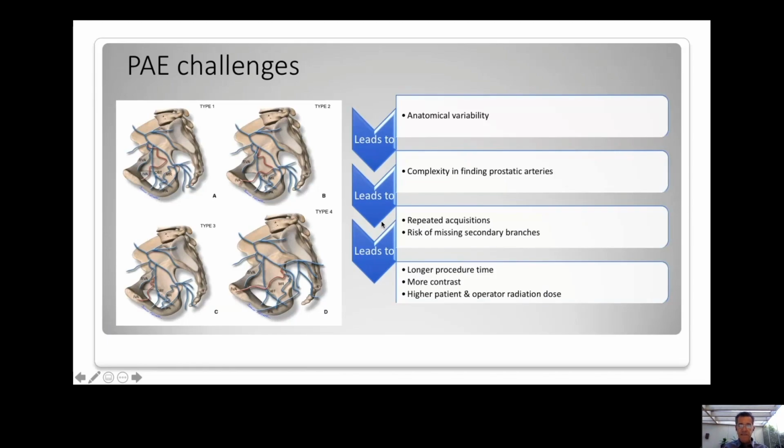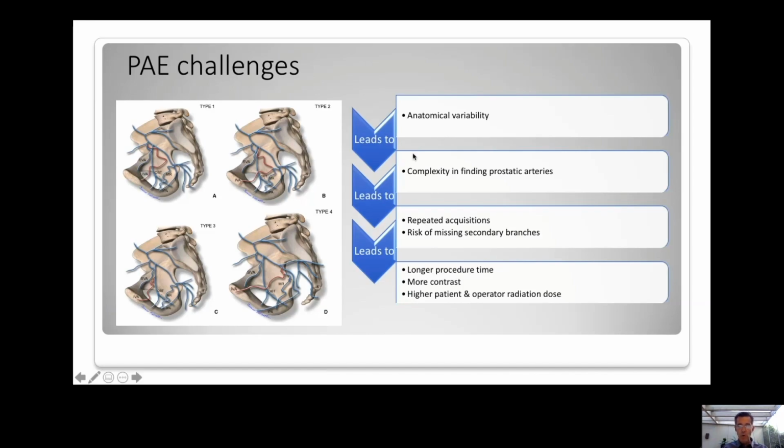PAE is technically complex for several reasons, as you can see here. Due to this complexity and variability in the pelvic vascular anatomy, and because DSA, digital subtraction arteriography, is limited by its two-dimensional nature, several acquisitions are typically needed to fully understand the vascular anatomy.